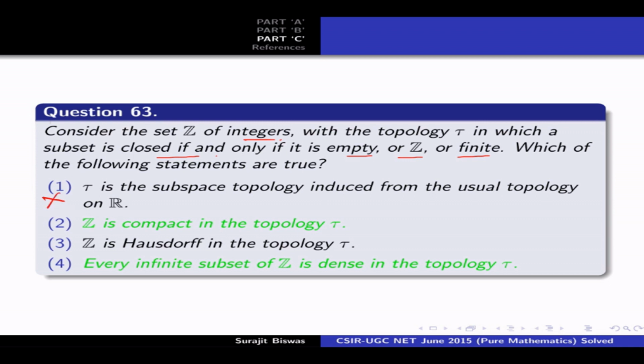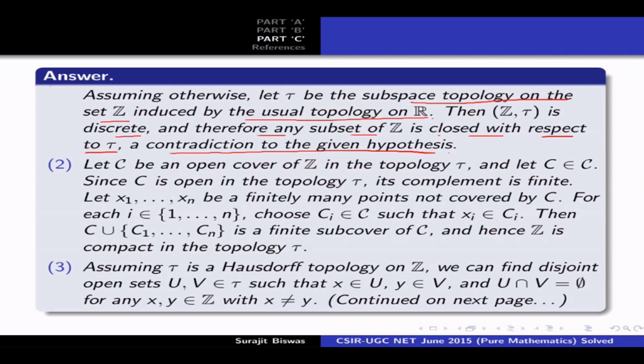Next, Z is compact in the topology tau. So this is true, and we will show this by using the definition. Let C be an open cover of Z in the topology tau. Let c belong to C. Since c is open in the topology tau, its complement is finite.